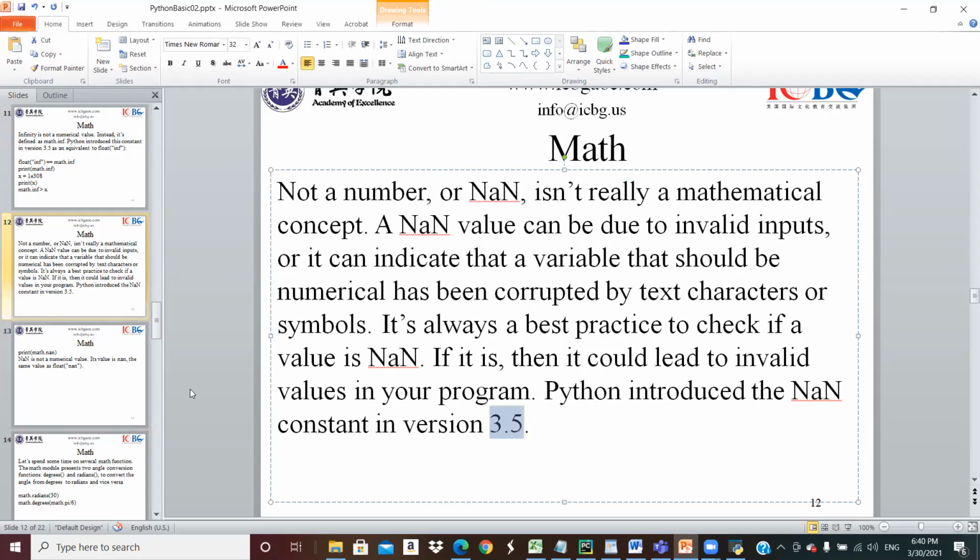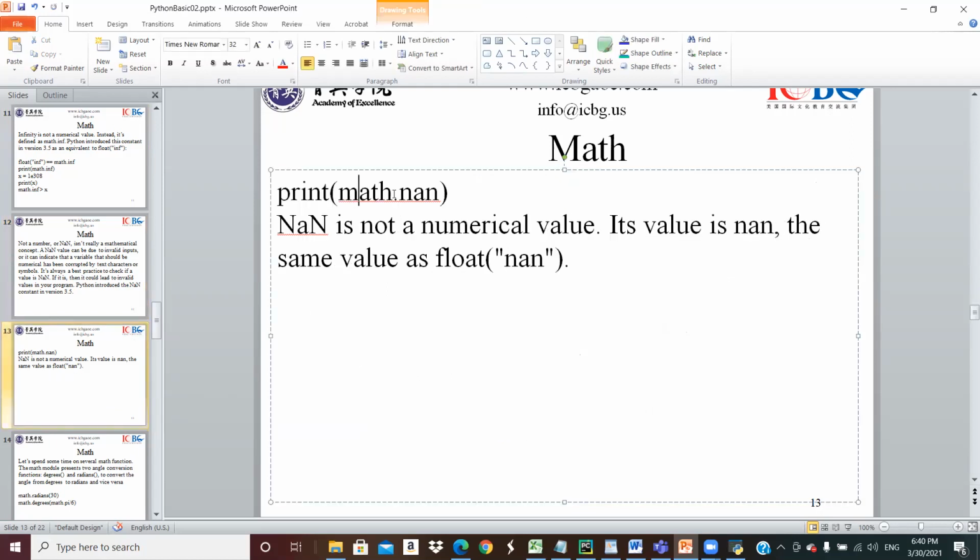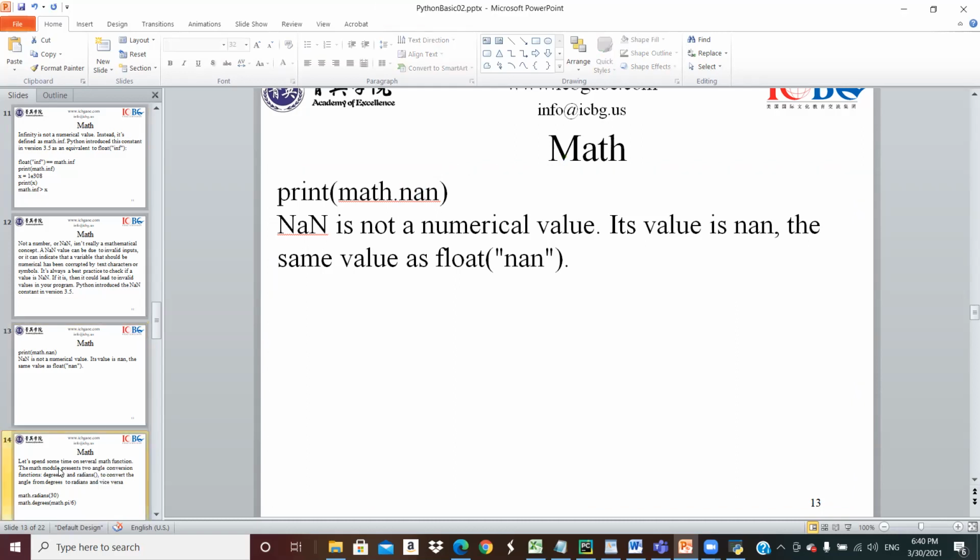If you do not understand it, just ignore it, okay? Python is used to do data analysis, so you may run into a situation where there is no number. That is why they introduce this.